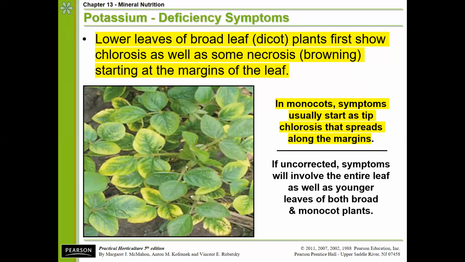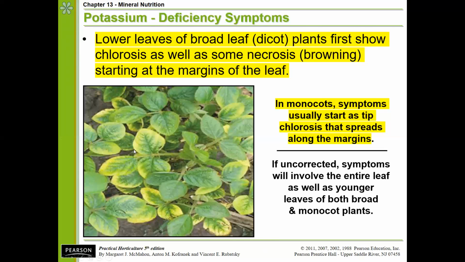We get kind of similar deficiency symptoms of potassium as we do in nitrogen. We get chlorosis of leaves. It's a little bit different in dicots and monocots, though. In dicots, you'll see leaves starting to appear yellow and then some browning or necrosis of the tissues. It starts at the margin of the leaves and then goes inward.